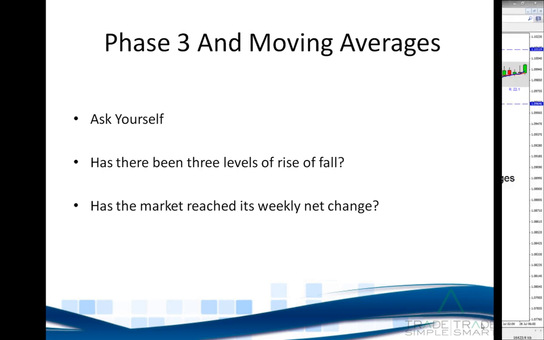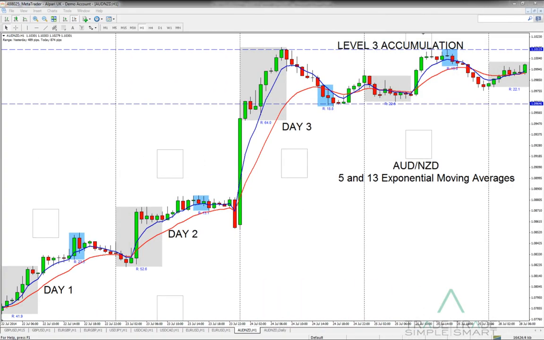So in this example of the Australian dollar versus the New Zealand dollar that we looked at, we had 3 levels of rise, and I've plotted both the 13 and the 5 moving averages. The 5 moving average is represented by the blue line. Just notice the separation between the 2 moving averages.